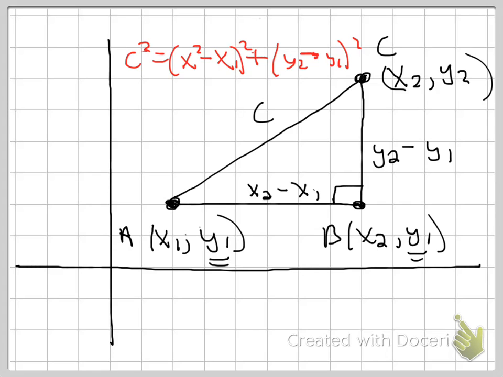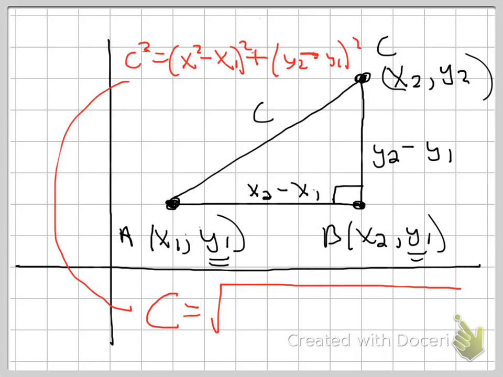Now, if I take the square roots of both sides, I would get, and I'll write this down towards the bottom a little bigger, that C is the square root of x sub 2 minus x sub 1 squared plus y sub 2 minus y sub 1 squared.